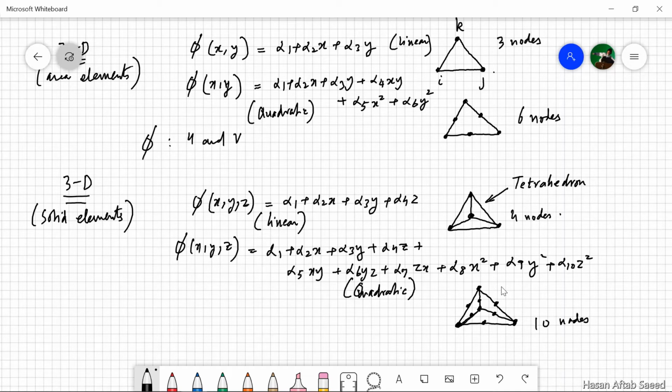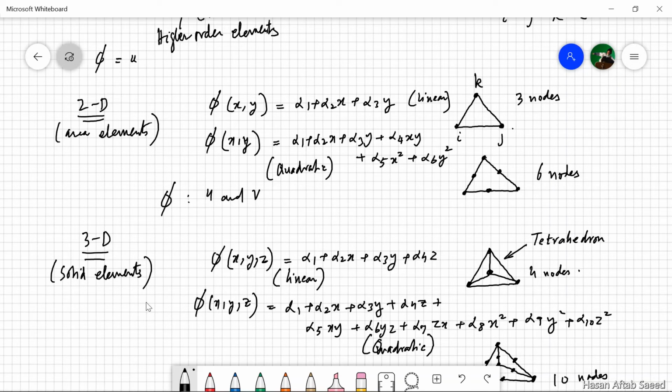So this is the higher order variety of tetrahedron element. As we go towards higher order elements, whether it's 1D or 2D or 3D, we need more and more nodes. That is because we need to calculate that many more coefficients.